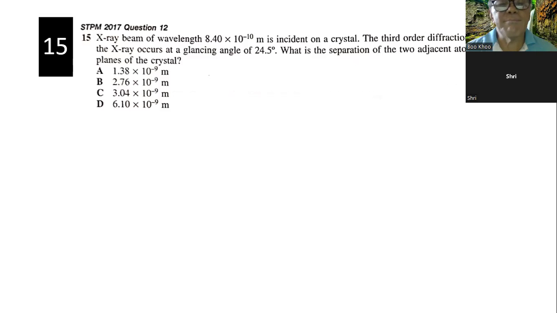X-ray of wavelength 8.4 × 10⁻¹⁰ meter is incident on a crystal. The third order diffraction of X-ray occurs at a glancing angle of 24.5. What's the separation of the two adjacent atomic planes of the crystal? Okay, what's the answer? You can see a lot of calculation involved in this topic.